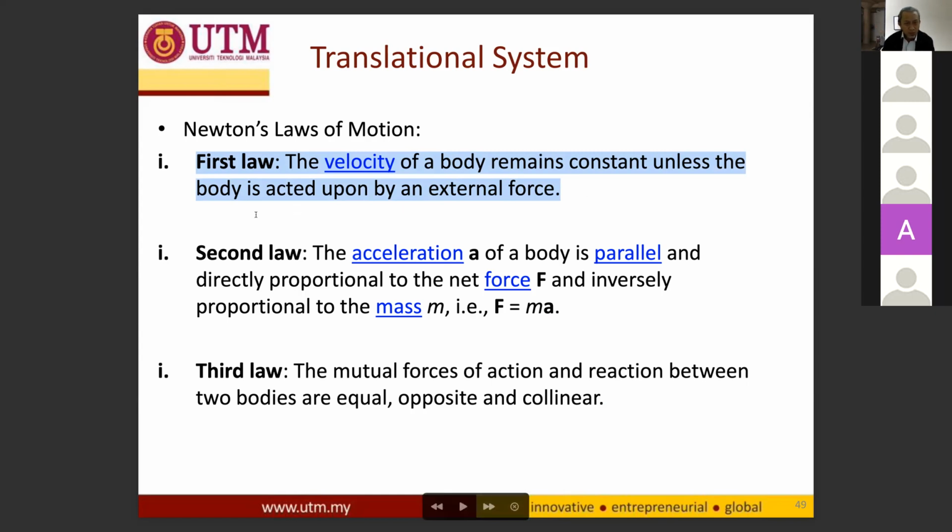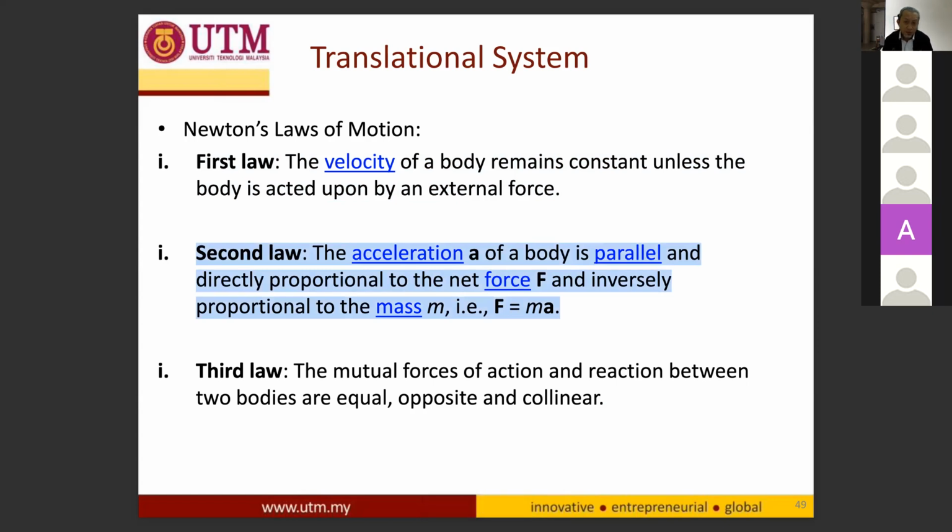The second law: the acceleration of a body, which is A, is parallel and directly proportional to the net force, which is F, and inversely proportional to the mass, which is M. So that's why F is equal to MA.